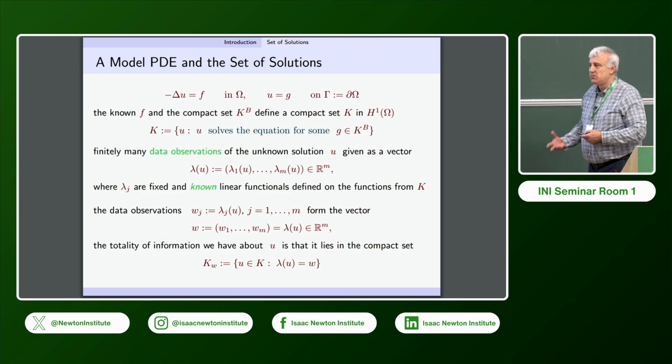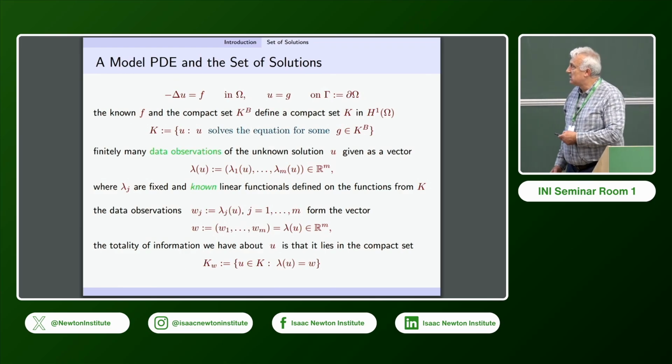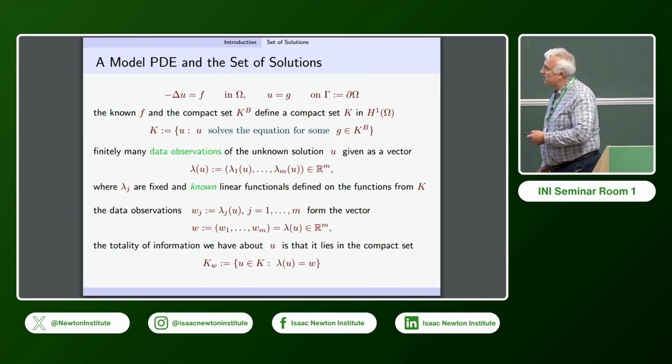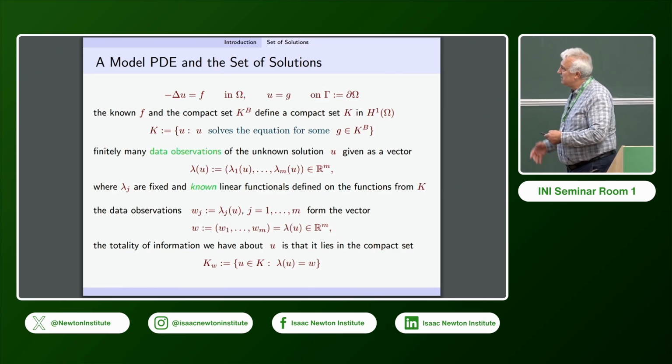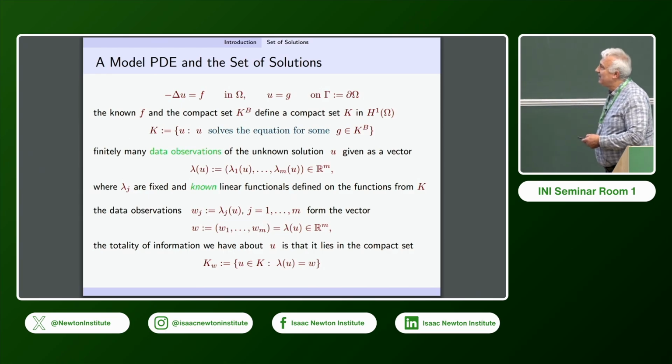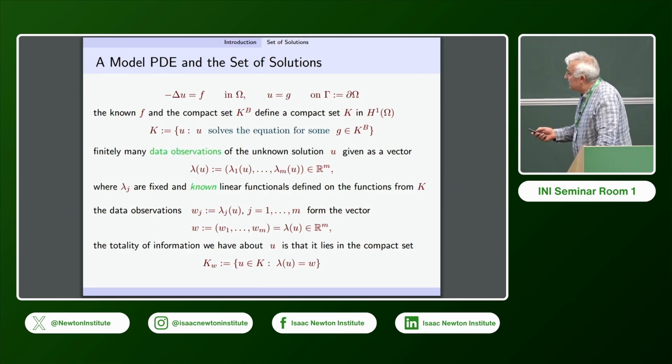Classically, people consider point evaluations of the function, but we want to consider linear functionals because that is much easier to formulate, especially if they are well known, and they are in the space of the linear functionals over the space of solutions.